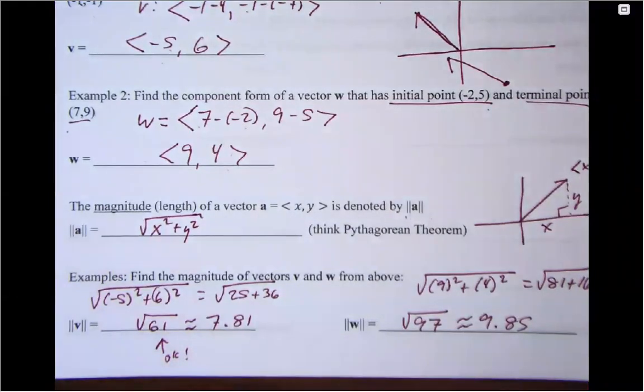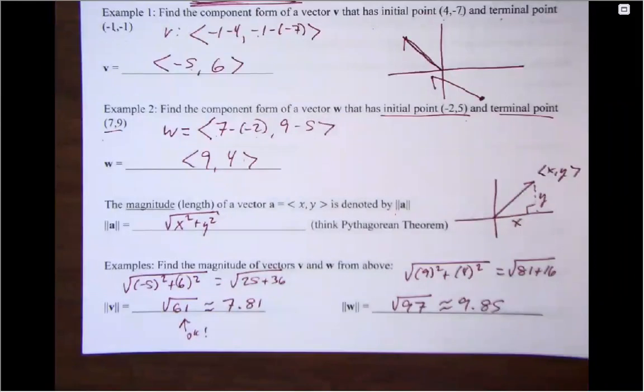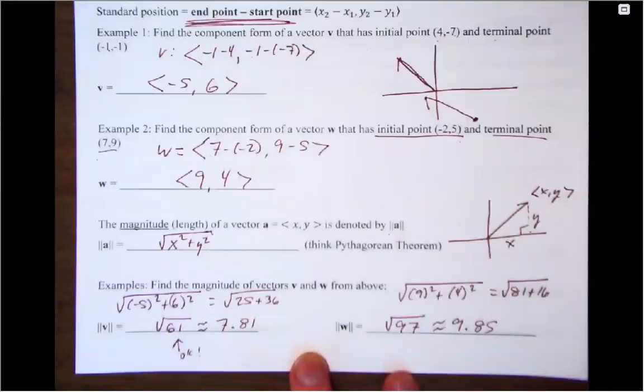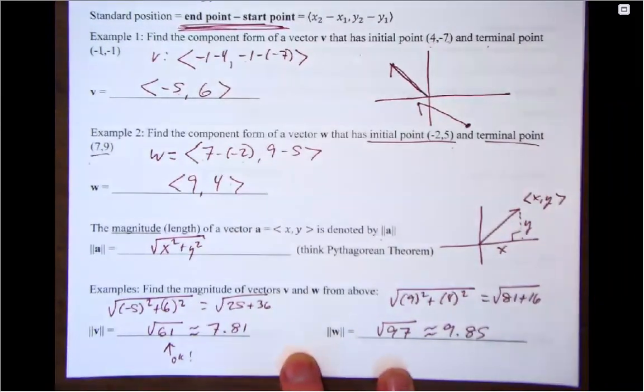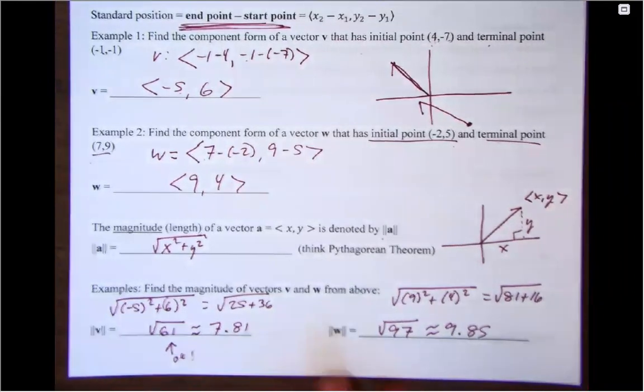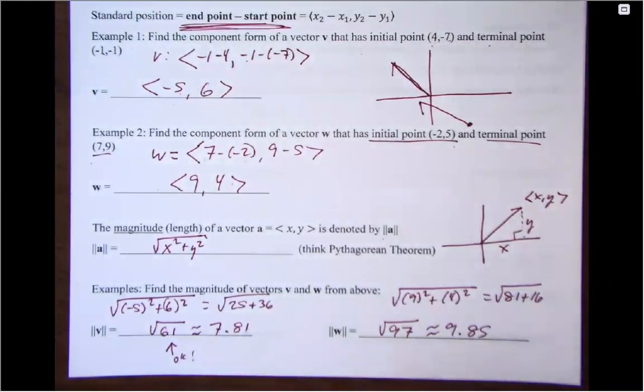Questions or comments? Maybe zoom out just a little bit so you see a little bit more of this all at one time. Questions or anything we need to talk about before we go to the second page and talk about direction angle? And then as soon as I finish direction angle, I've got 2 more I'm going to ask you guys to do on your own, to full blown.